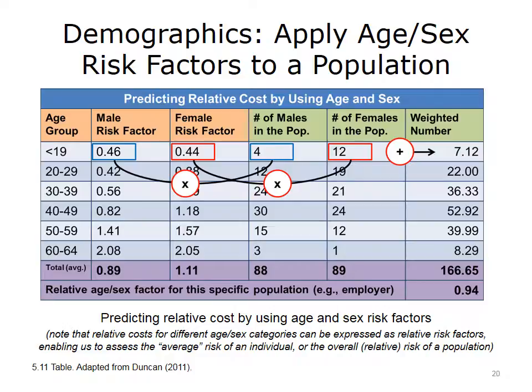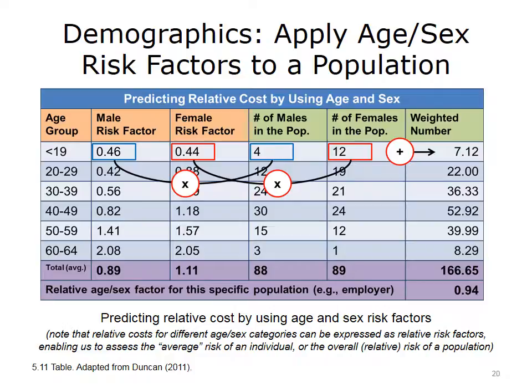The total relative age and sex risk factors for this smaller plan is 0.94, which differs slightly from the total relative age and sex risk factors of the large population, that is set at 1, see previous slide. As discussed, this difference is due to the slightly different ratio of patients in each age and sex combination in this plan, compared to the larger commercial database, which is considered the population.